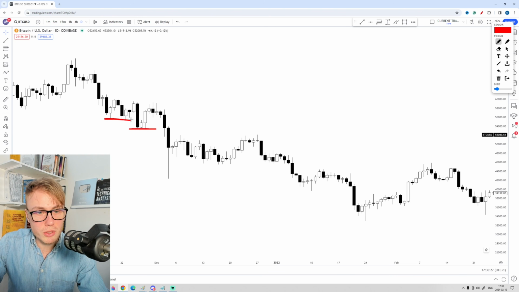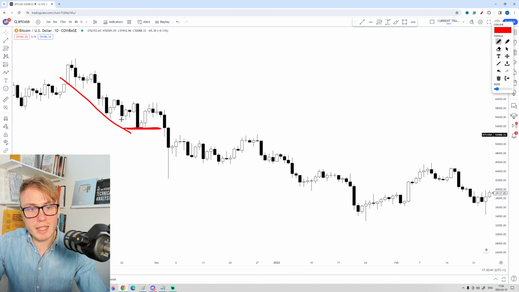One could argue that these two are valid low points. I'm not saying no to that, but this is how I would mark the structure. I would see this as the most clear change in the character of the impulse move down. So I would see this right here as the first high and this right here as the first major low.